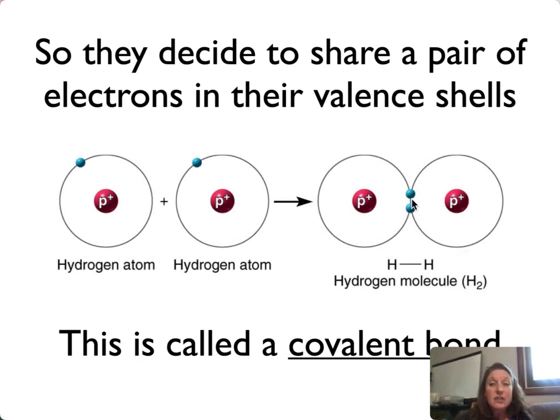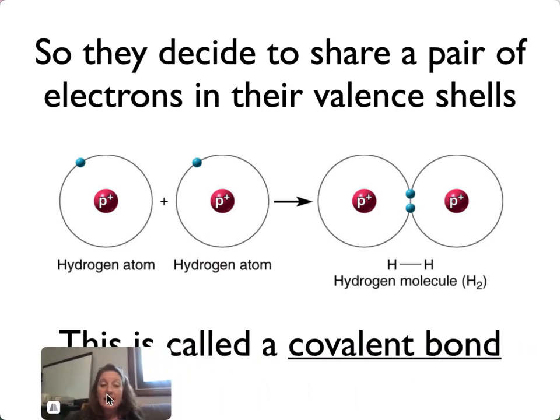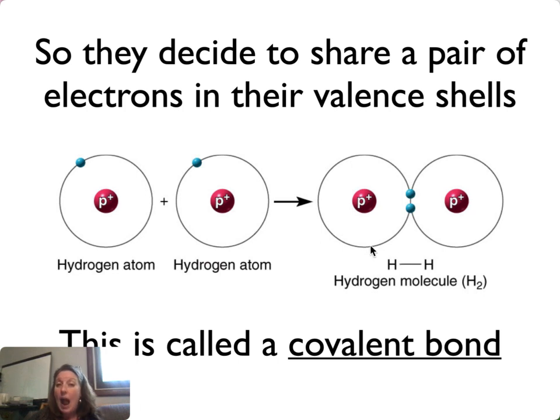As far as each one of them knows, they both have two electrons. They just don't always have two electrons at the same time. Now, because they are sharing the electrons in their outer shell or their valence shell, we call this a covalent bond. They are sharing the electrons in their valence shell.